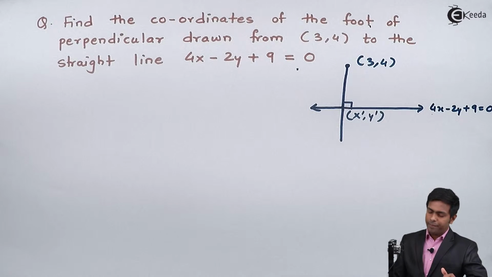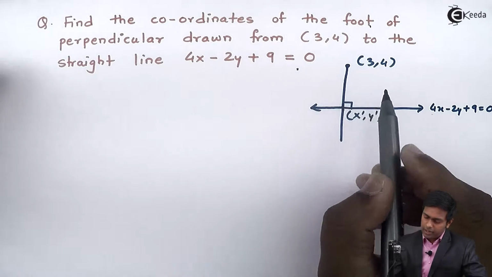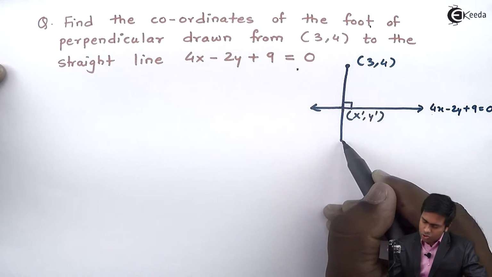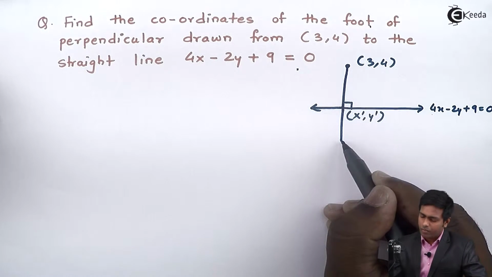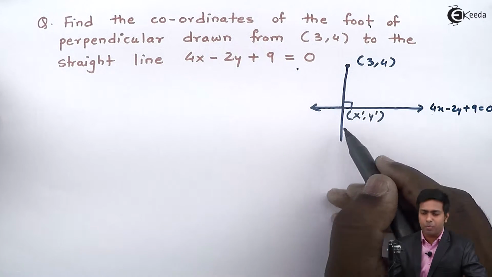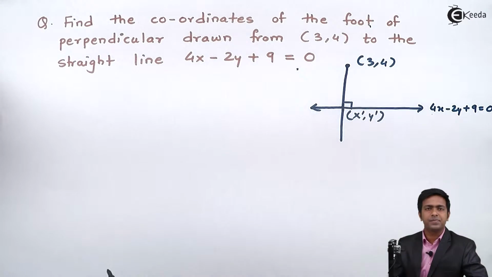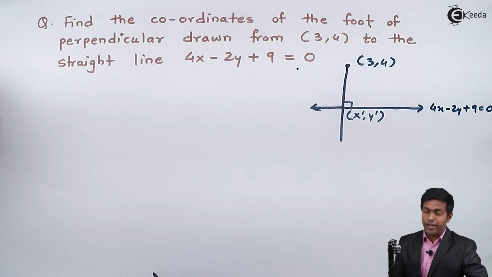Let me tell you that if you observe, this is also one straight line, and this straight line is perpendicular to the given line. So we know that whenever two lines are perpendicular to each other, the multiplication of their slopes is -1.